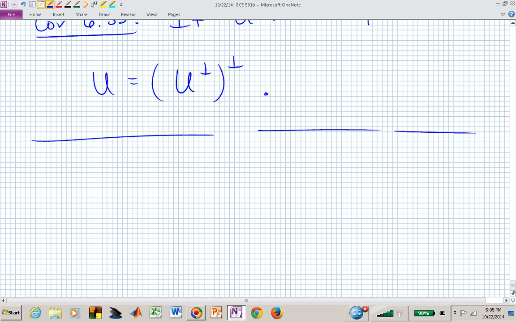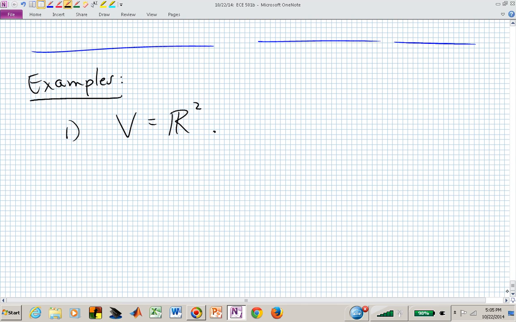Here's the example that I was just referring to before. Suppose that our vector space is indeed R2. And suppose we let U be the x-axis. Is U a subspace? Yes. So now what's U perp?